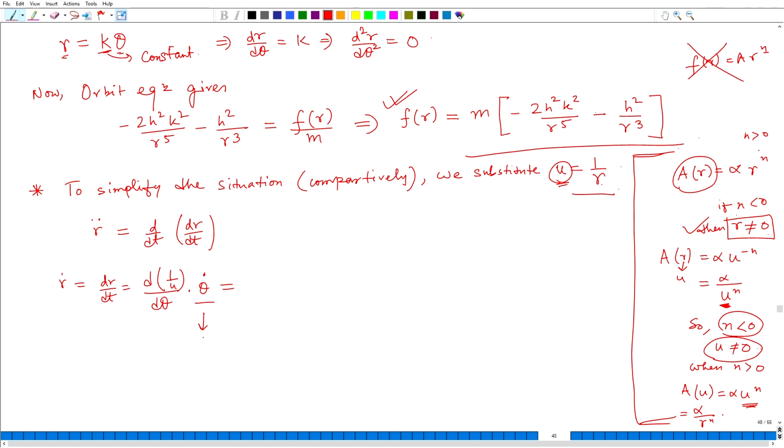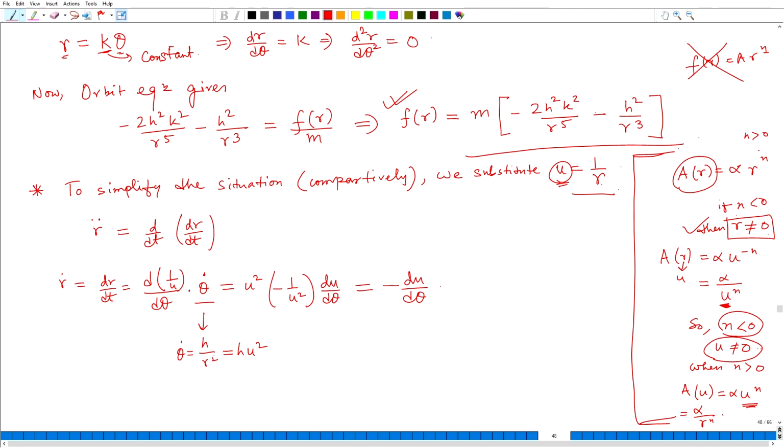Theta dot is h by r square, which is equal to h u square. So I write that u square, and d d theta of 1 over u is nothing but minus 1 over u square du d theta. So it is actually minus du d theta, you see the simplification. Many things can be solved by this.